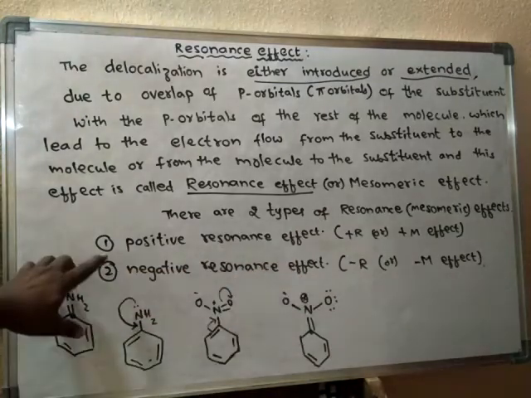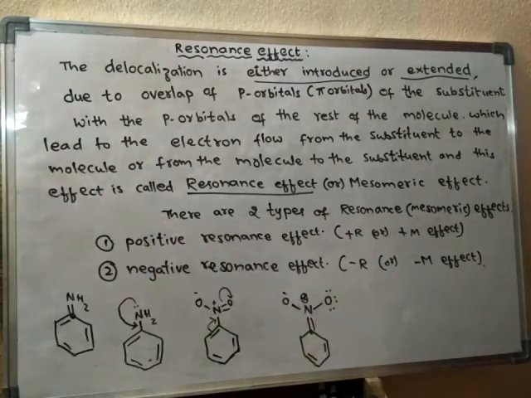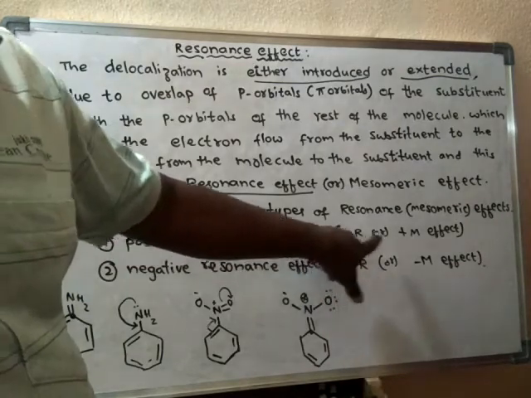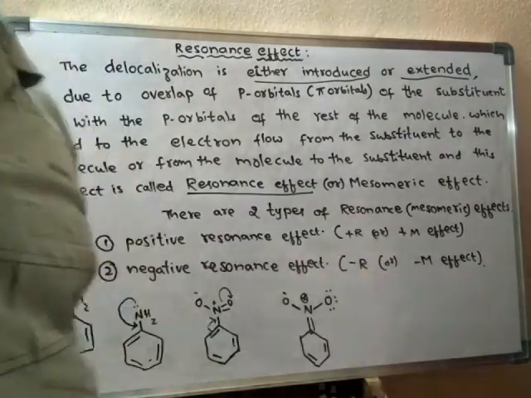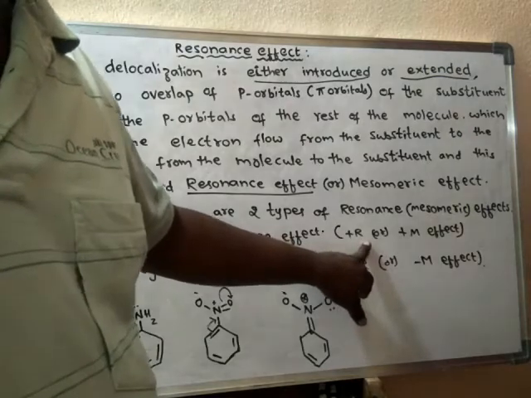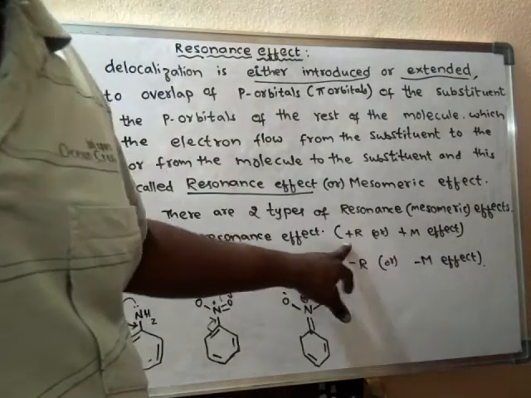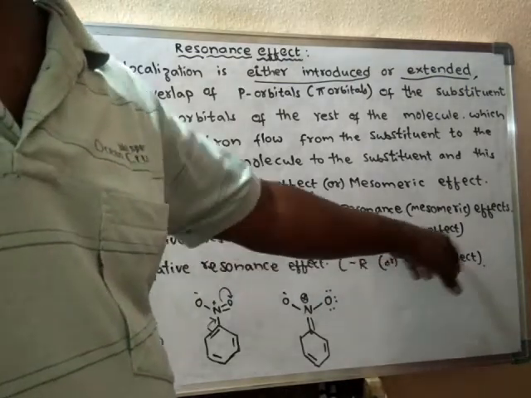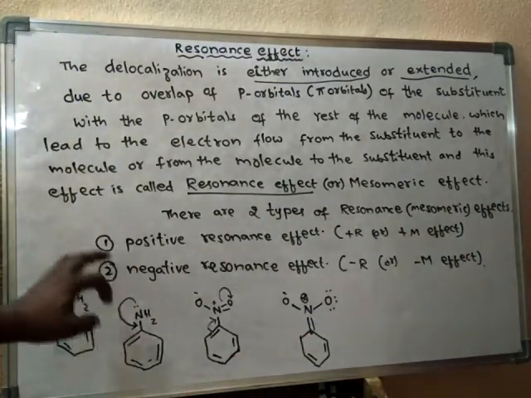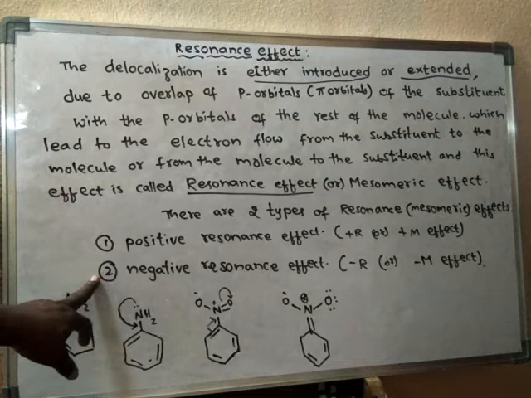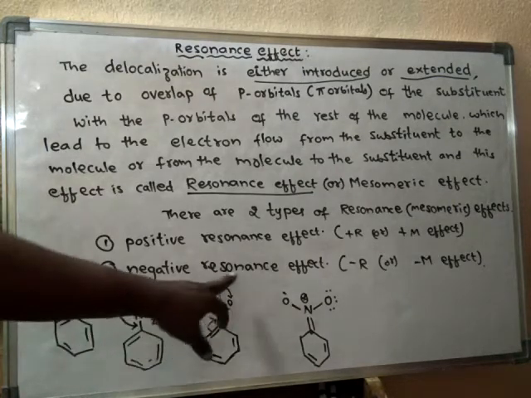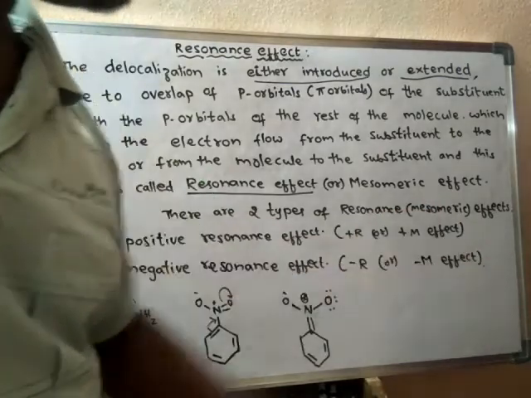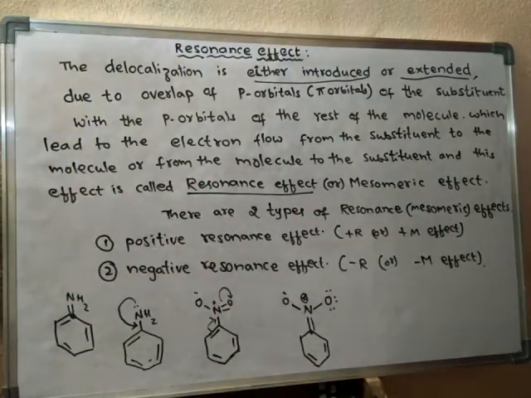The positive resonance effect is also denoted by plus R or plus M effect. Plus R means positive resonance effect, or positive mesomeric effect. Another type is the negative resonance effect, denoted as minus R effect or minus M effect.